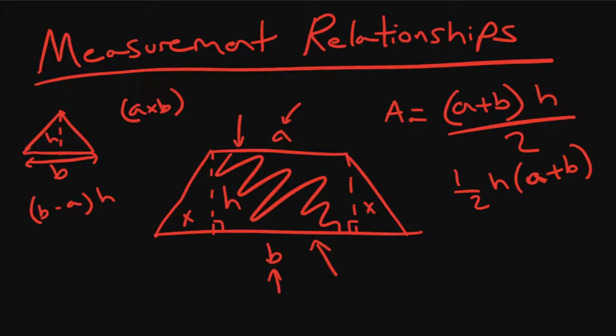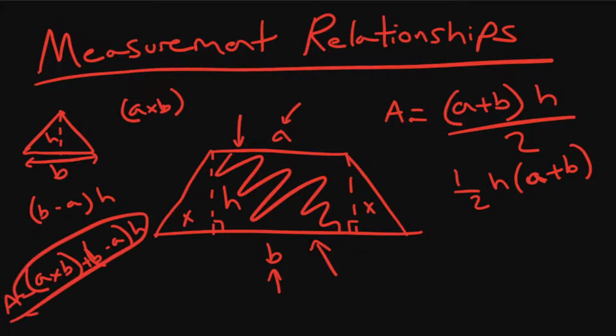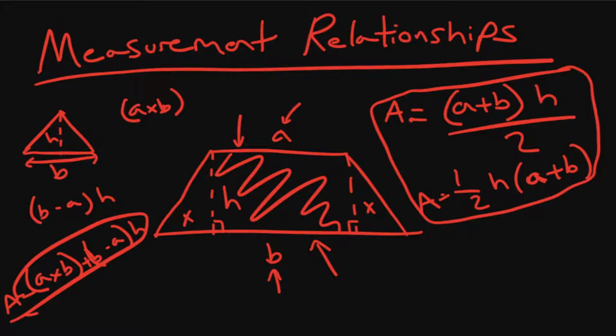So if you were to do A times H plus B minus A times H, and simplify this formula, you would actually end up right over here. But that kind of math is not what we're doing today, and we're not going to need to know that right now.